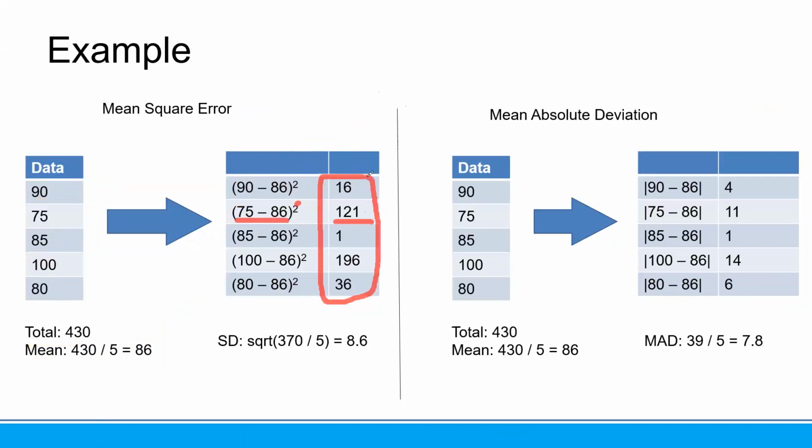I can do the summation and divide by the number of data, 5, and then take the square root, SQRT. SQRT means square root. So the result will be 8.6.